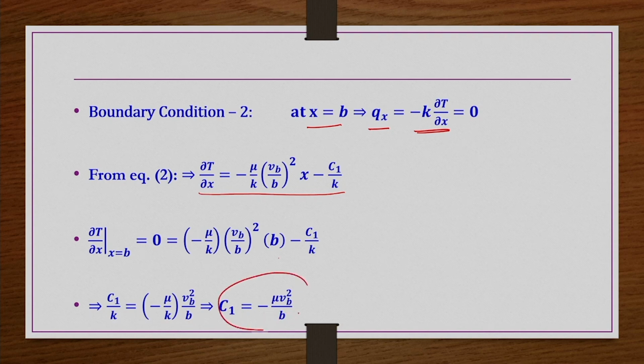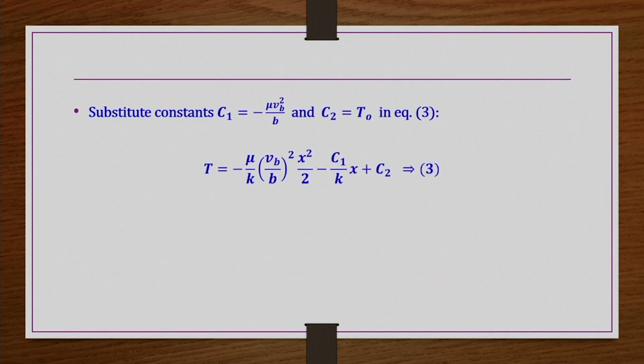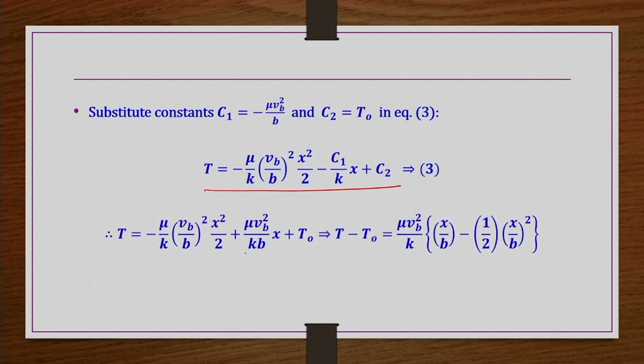So, this C1 and C2 equal to T naught, these two we are going to substitute in equation number 3, which we have derived previously. In place of C1 you can write minus mu Vb square by b, then this is the second term, that is plus mu Vb square by kb x, and in place of C2 you can write T naught, the first term is as it is.